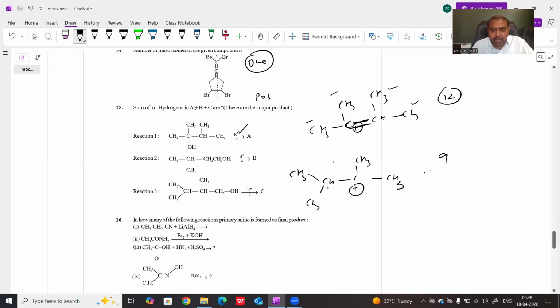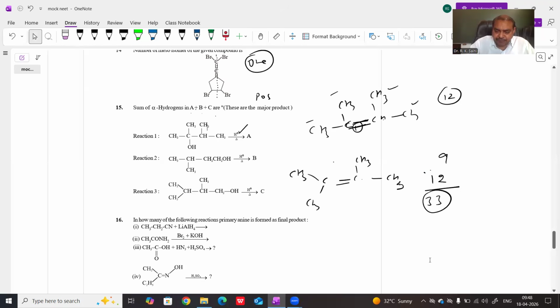If migration by 1,2 shifting takes place in both ways, the carbocations have equal stability and hence no migration takes place. And in the last step, H plus ion is eliminated. And hence this alkene also contains 12 alpha H. Therefore, the total is 33 alpha H in A, B and C.